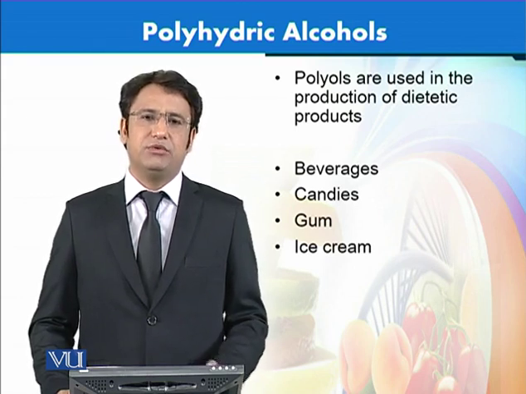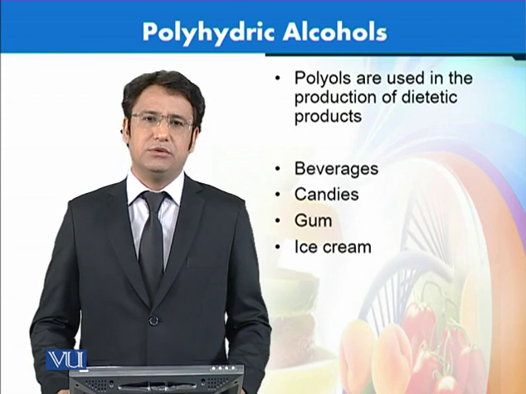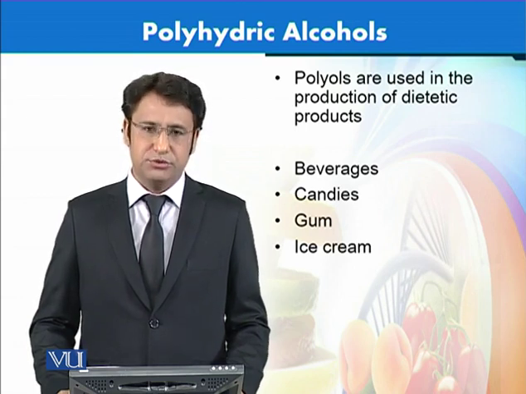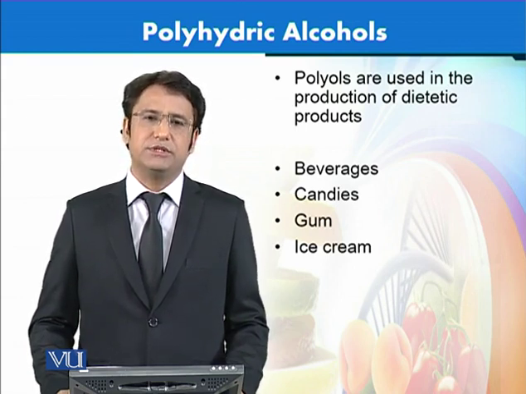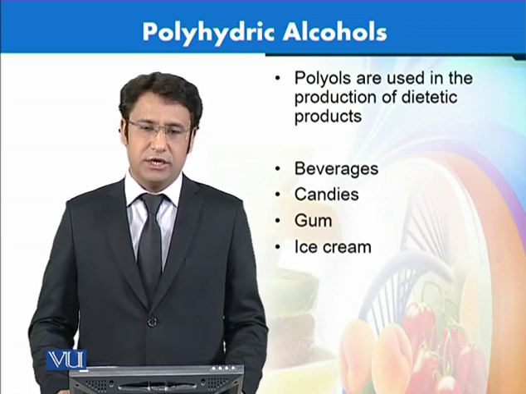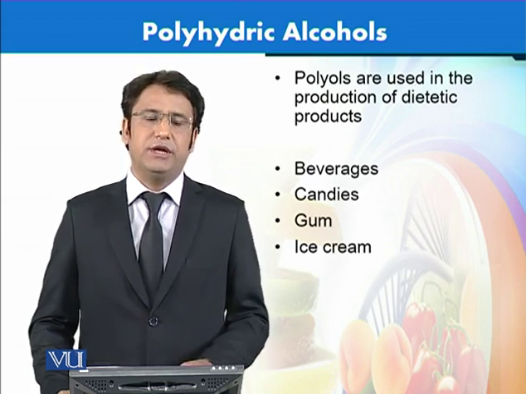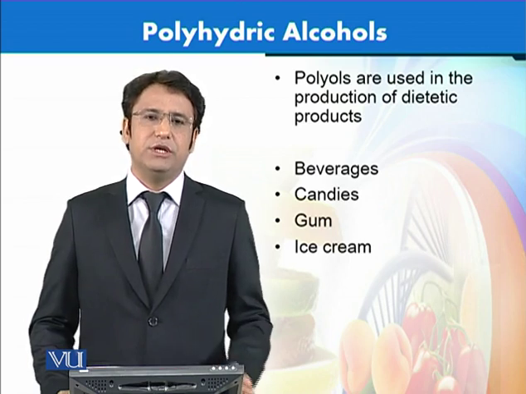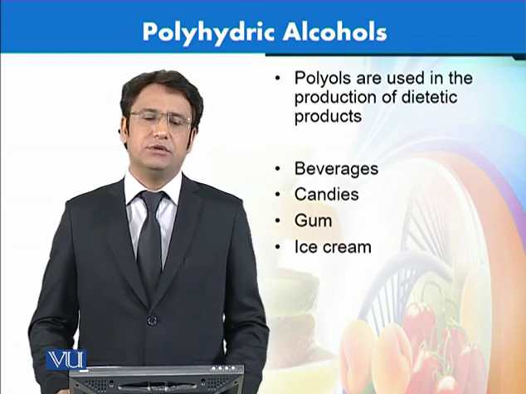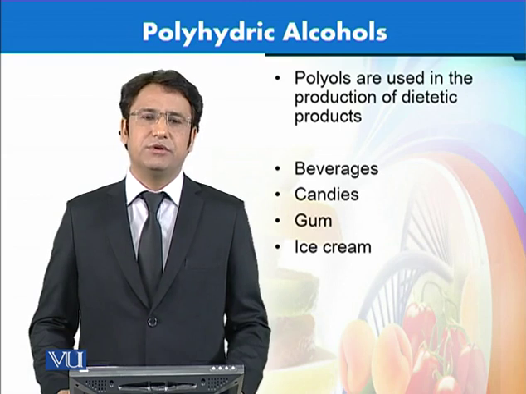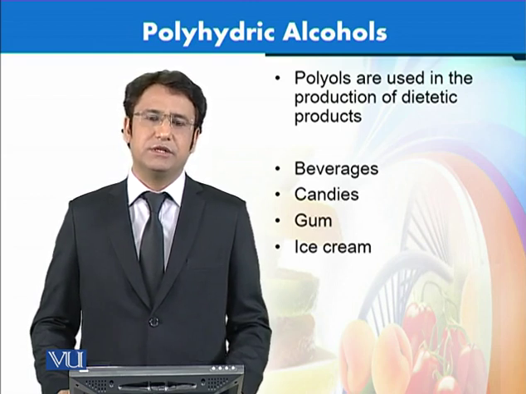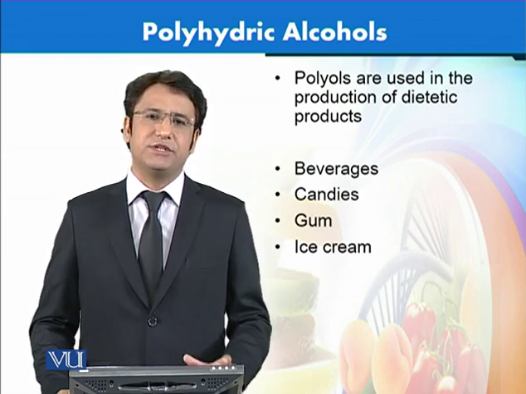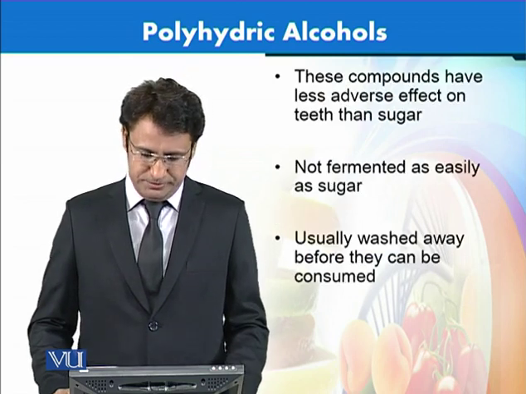So in order to avoid glucose, these polyols are used, and the examples include certain beverages, candies, gums, and ice creams. They might add these to diet products. They might include sorbitol or mannitol or other sugar alcohols because they do not produce that high amount of glucose within the blood, and it does not create much stress on diabetic patients.